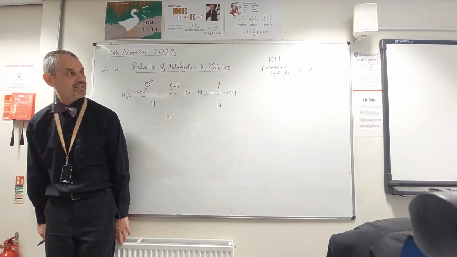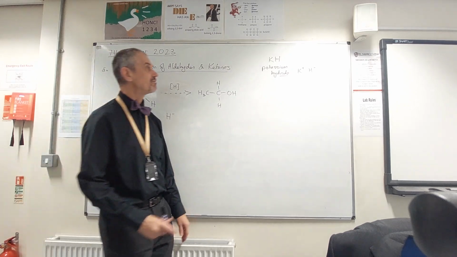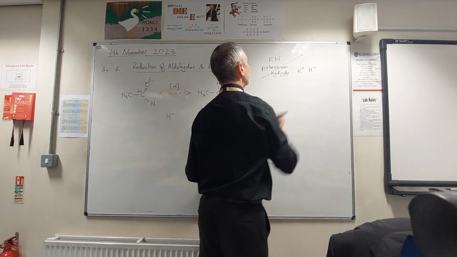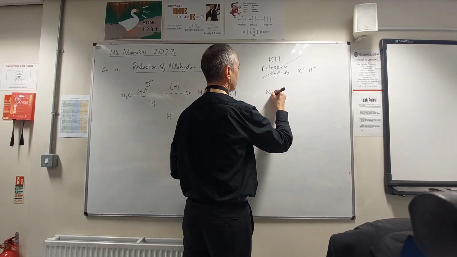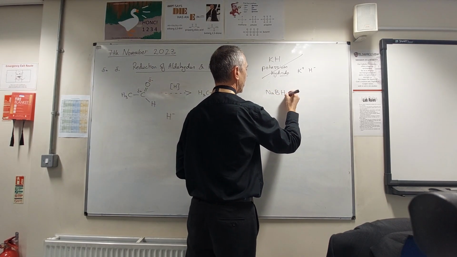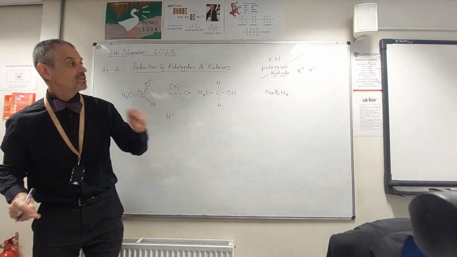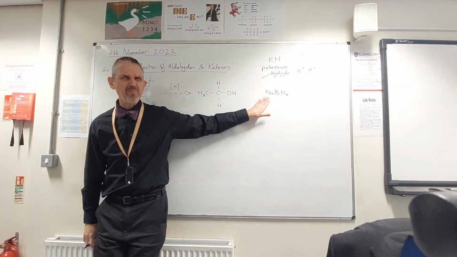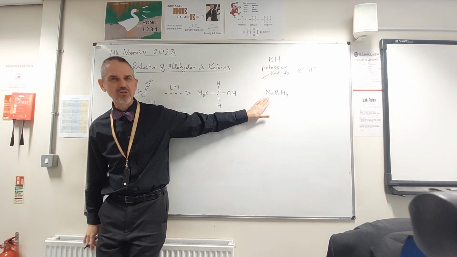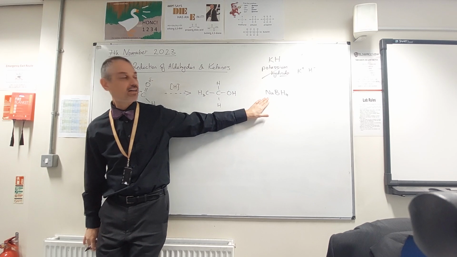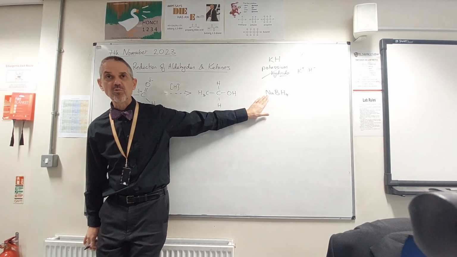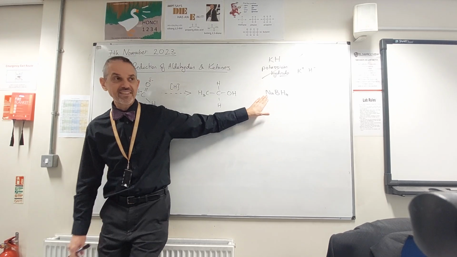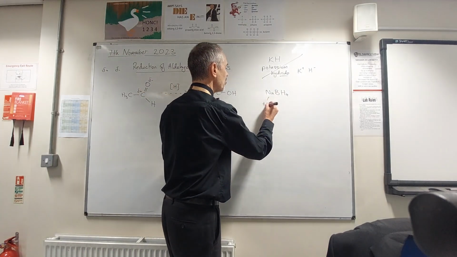So those clever people in the research labs have come up with something rather more stable, and that is NaBH4. So sodium, if you go back to your oxidation state rules that we did some time ago, sodium's in group 1, elements in group 1 always have an oxidation state of +1 in compounds.